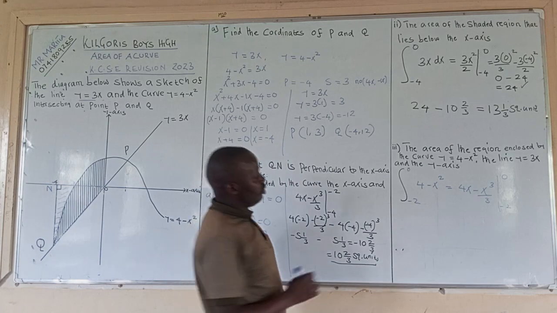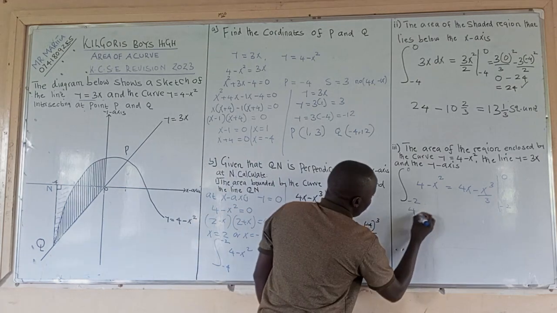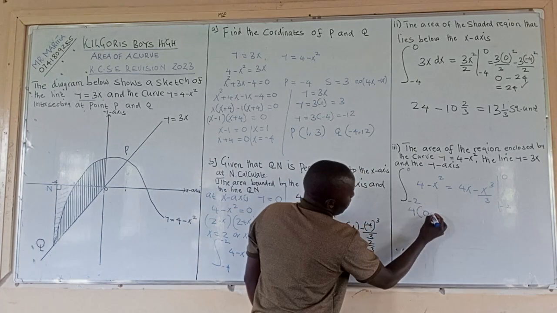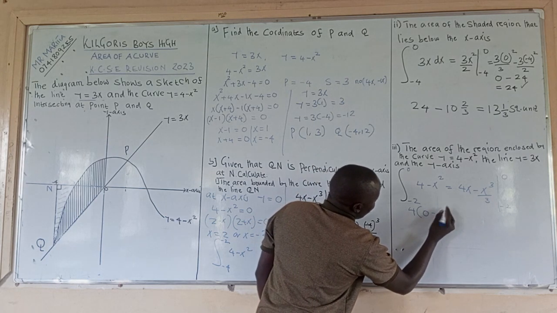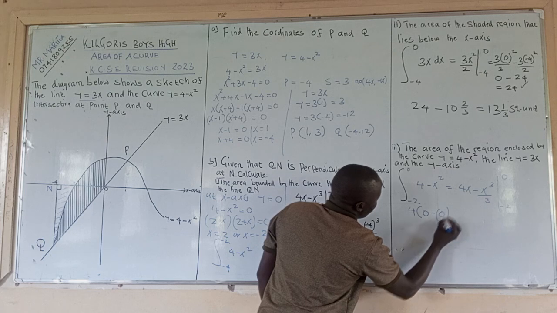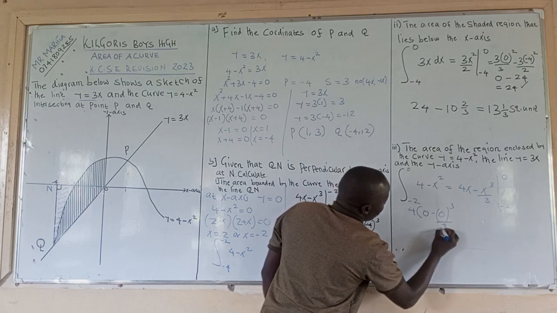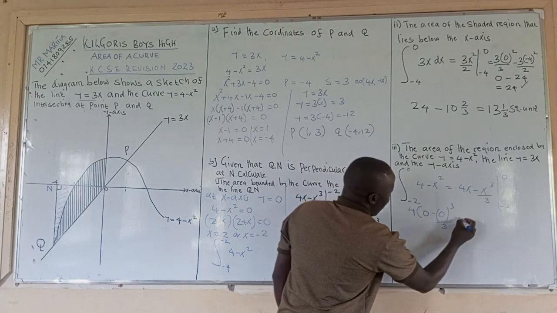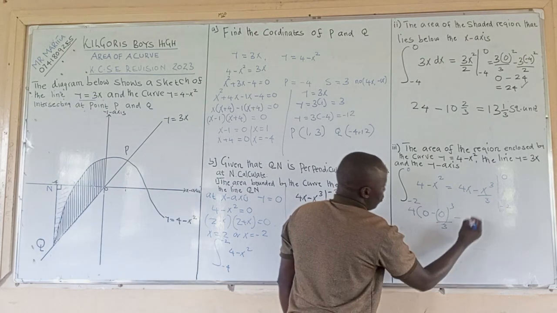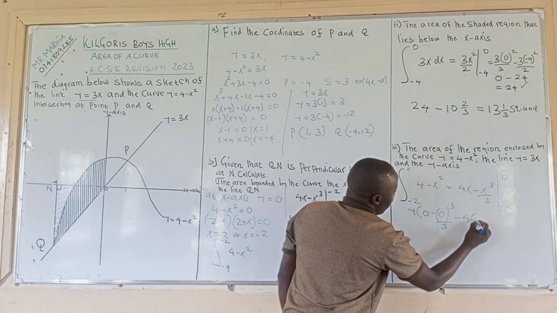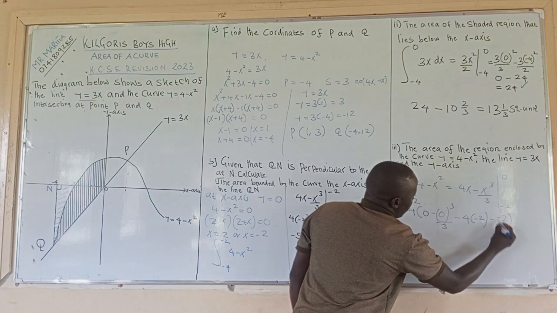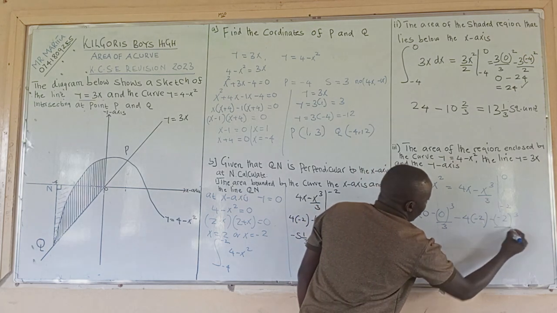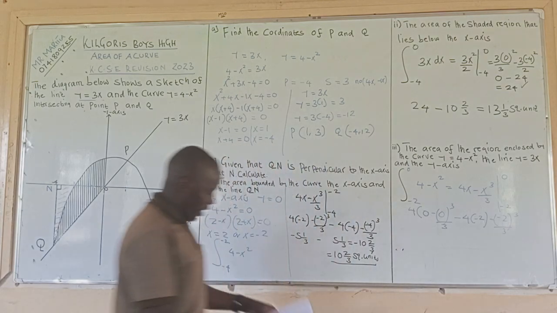When x equals 0, we have 4 into bracket 0 minus 0 raised to power 3 over 3, minus, now when x equals negative 2, we have 4 into negative 2 minus negative 2 cubed, then we divide that by 3.